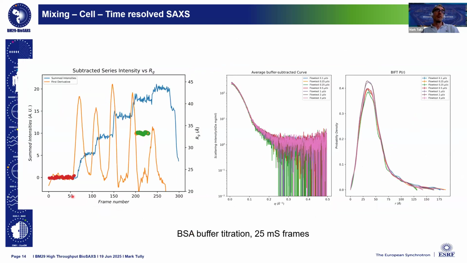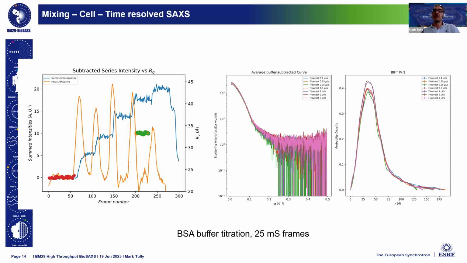We've also been able to do a titration as well, so we can just change the buffer in steps, and then take the frames from these steps and subtract them. And it's a little noisier because we're now taking 25 millisecond frames. We can see that we can measure all the steps.